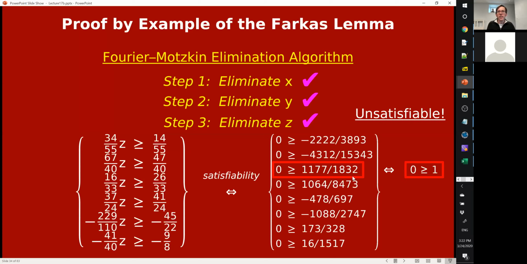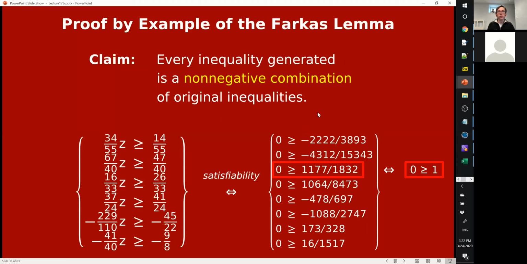Let me also just mention that you can always multiply an inequality by a non-negative number, and it preserves the inequality. So you can always get your final unsatisfiable equation to be 0 greater than or equal to 1 if you'd like. And now I want to make a key claim. What I want to claim is that every inequality that you generate in this whole Fourier-Motzkin elimination algorithm is a non-negative combination of the original inequalities.